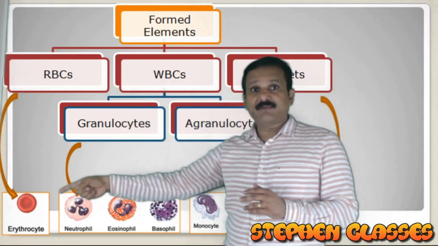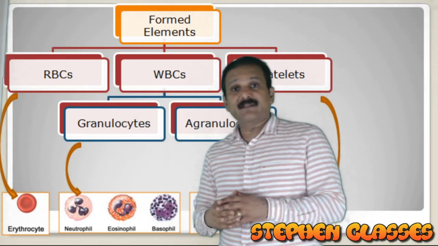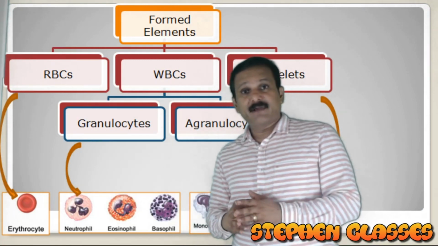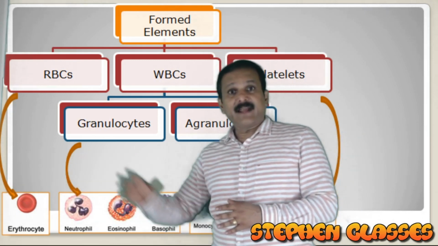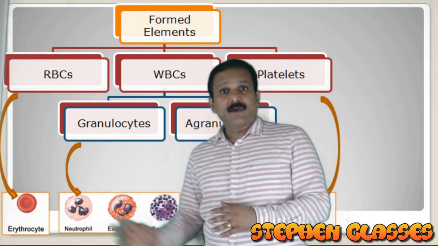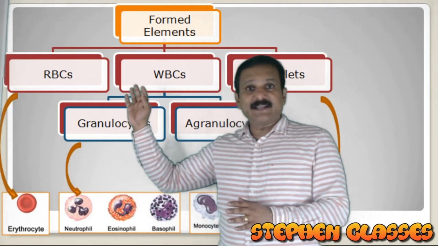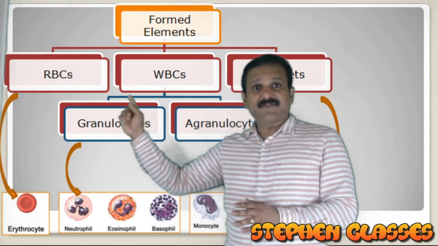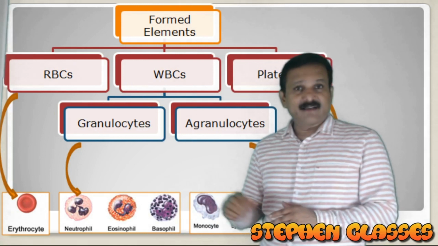RBCs, their shape and their function. RBCs are biconcave in shape. They are concerned with the transport of gases. A mature RBC will not have a nucleus in it. What about WBCs? WBCs can be classified into two categories, granulocytes and agranulocytes.